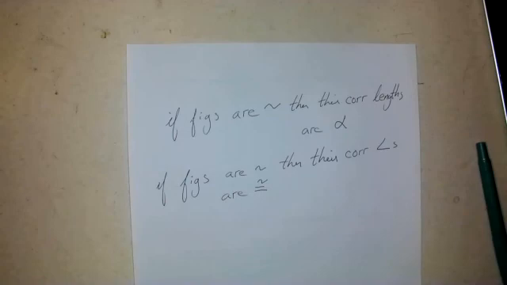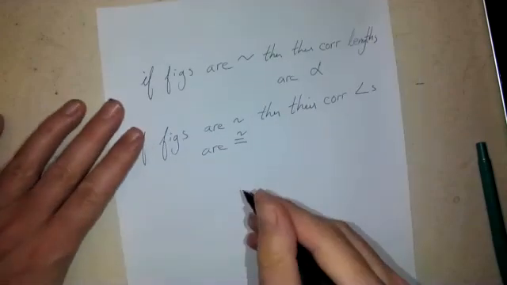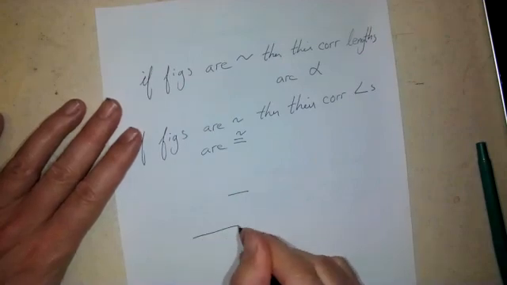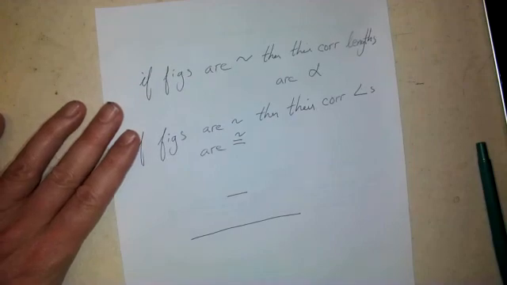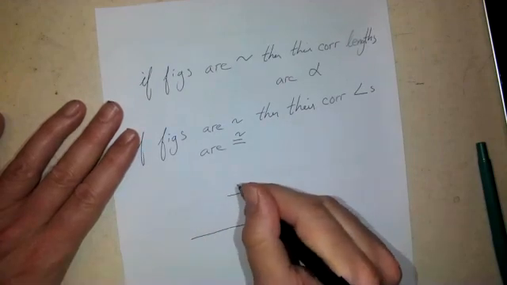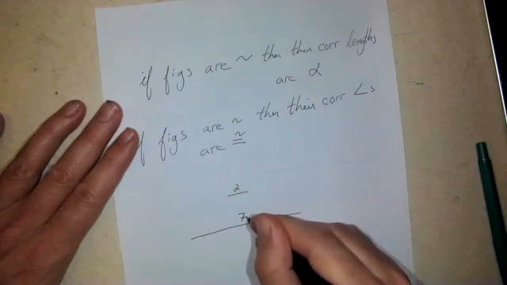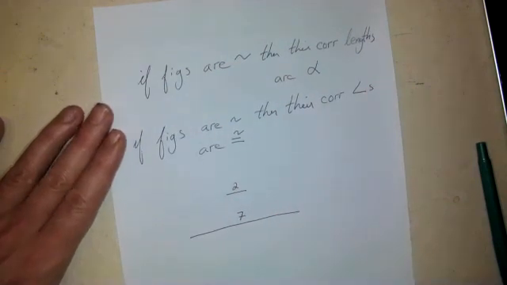So it never makes any sense to say, oh, is this segment proportional to this segment? Well, it just doesn't make any sense to say that. If this were 2 and this were 7, then they would be in a ratio of 2 to 7. But in order to form a proportion, we would need 2 other numbers.